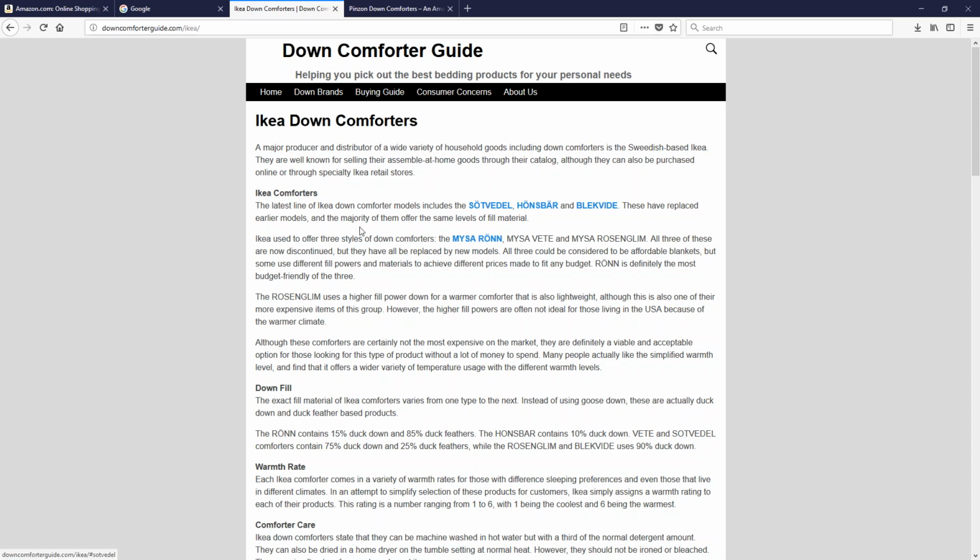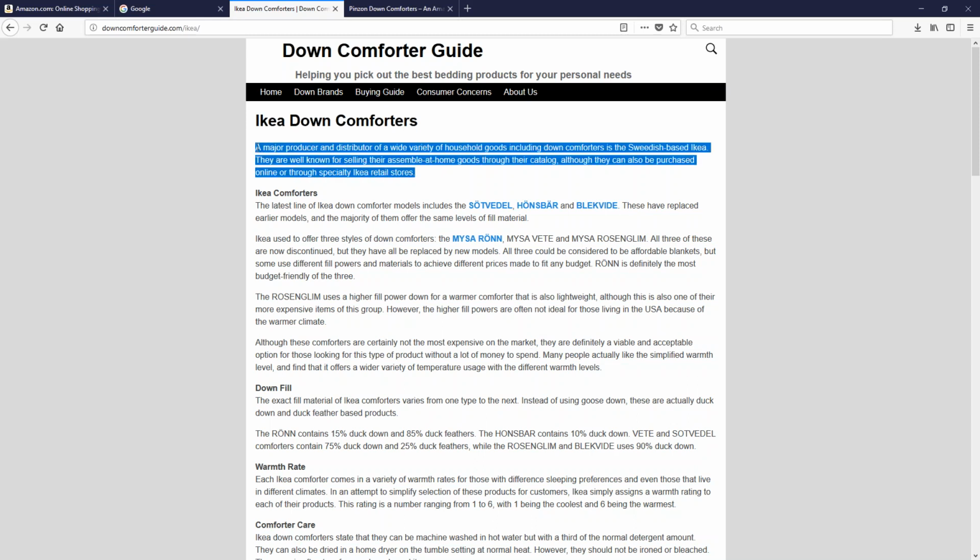So, for the actual product page itself, I typically will talk about the brand, sometimes just the brand name in general. I have a very brief description up here about IKEA itself.